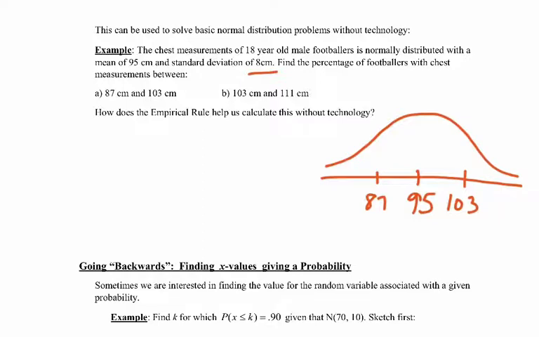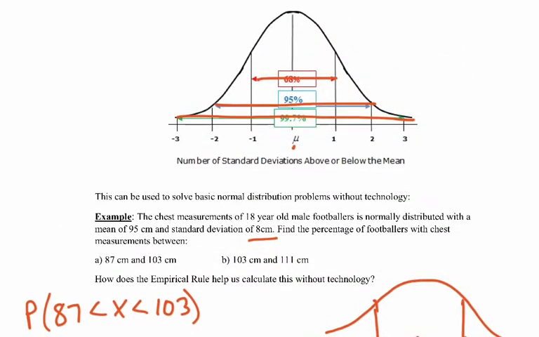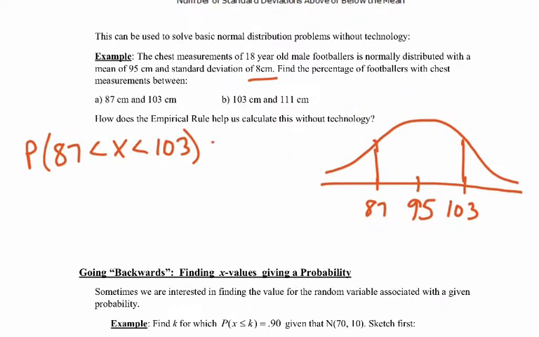It's saying the probability that a randomly selected footballer is between 87 and 103. Since that's exactly 1 standard deviation below and 1 standard deviation above, I can use the empirical rule to answer that part and just say it's approximately 68%.